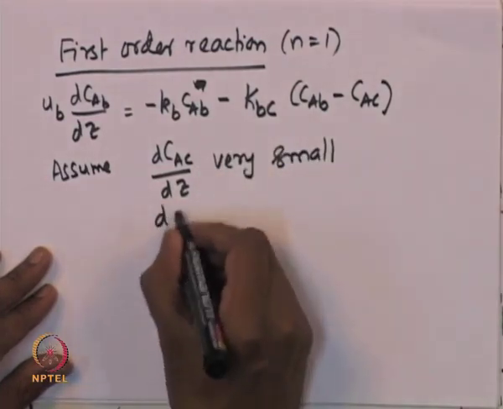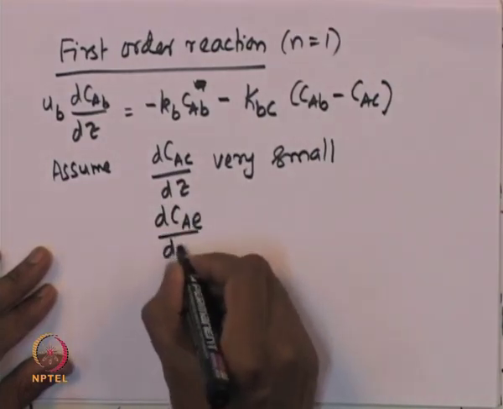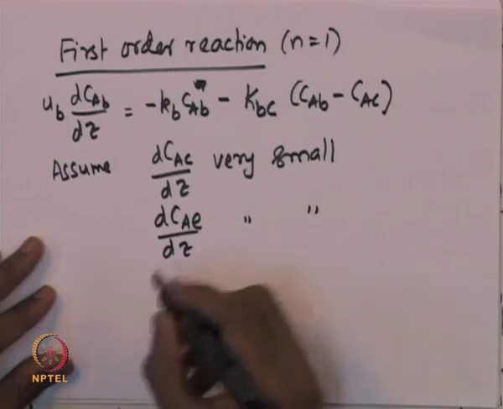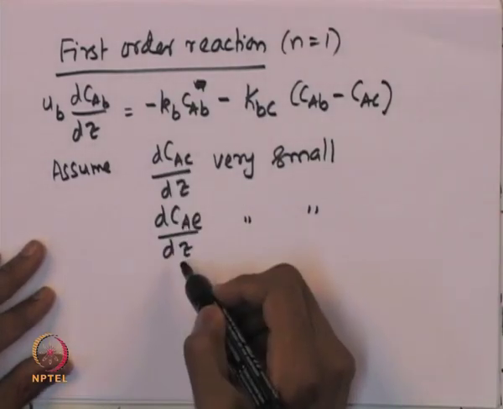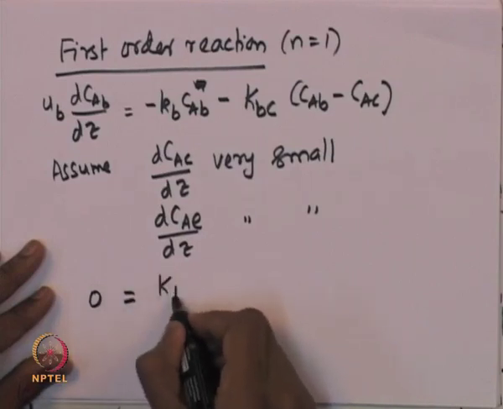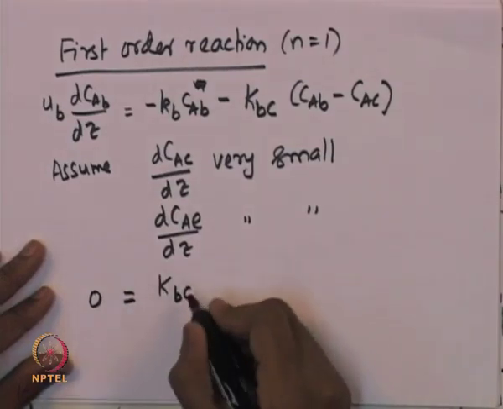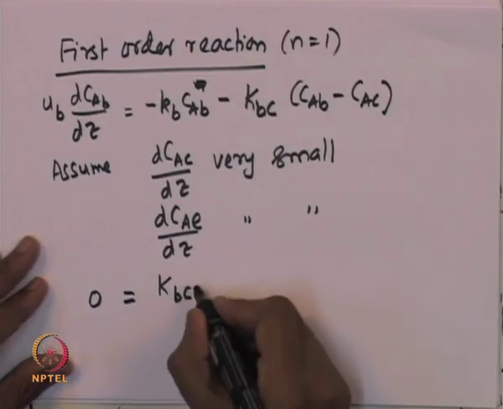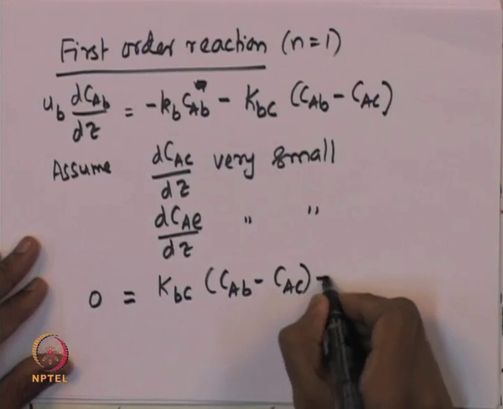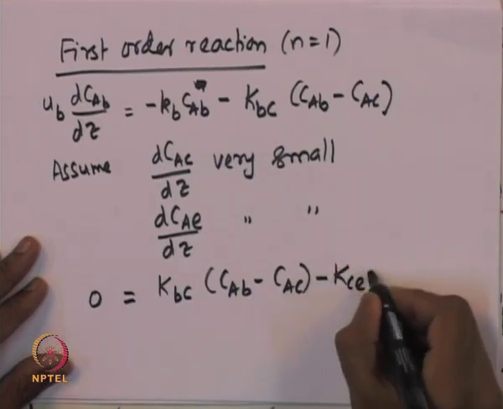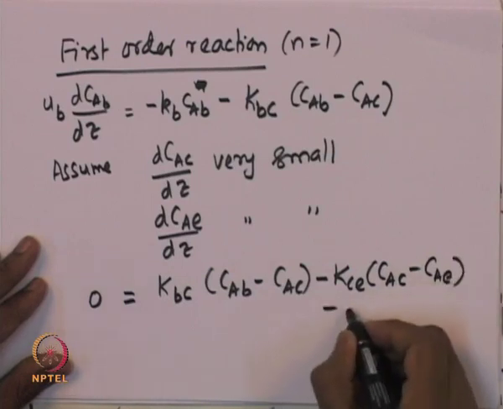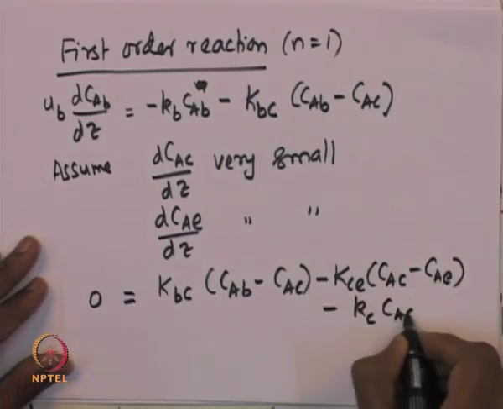And similarly, if we assume that dCAE by dz is also very small, then we can write the model equations for these two concentrations as follows. 0 equals the mass transport coefficient KBC multiplied by CAB minus CAC, minus KCE into CAC minus CAE, minus Kc into CAC.